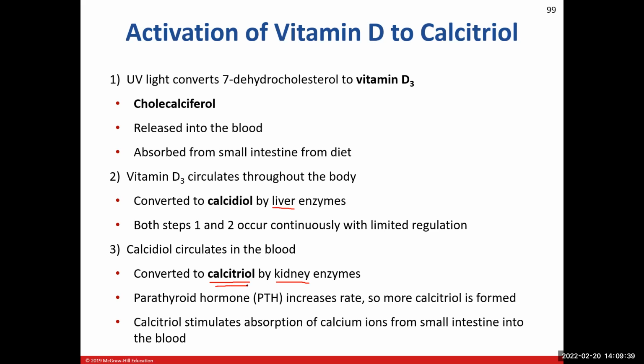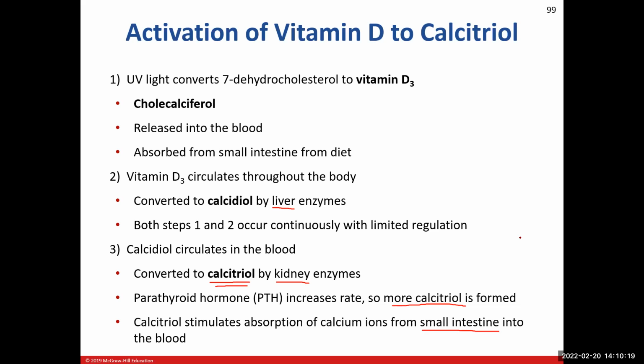And what is that going to do for us? Well, in conjunction with parathyroid hormone, PTH, it's going to make even more calcitriol, which is good because calcitriol is going to help us absorb calcium from our gut, specifically the small intestine. So vitamin D has several functions, but here when we're talking about blood calcium regulation, vitamin D is going to absorb calcium from your small intestine back into the blood, so you don't get rid of it.